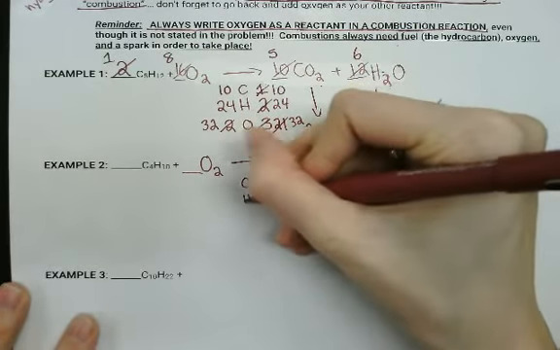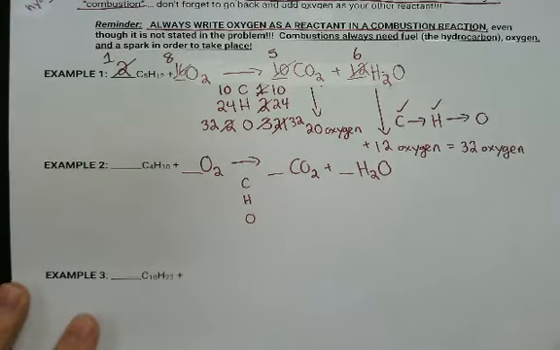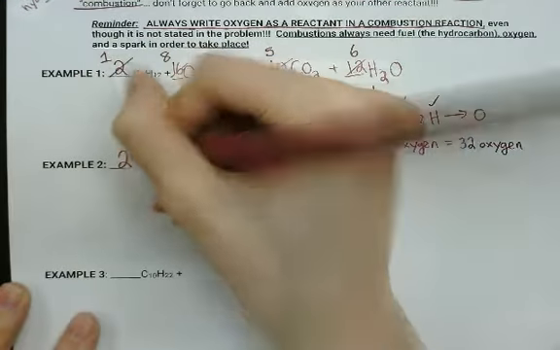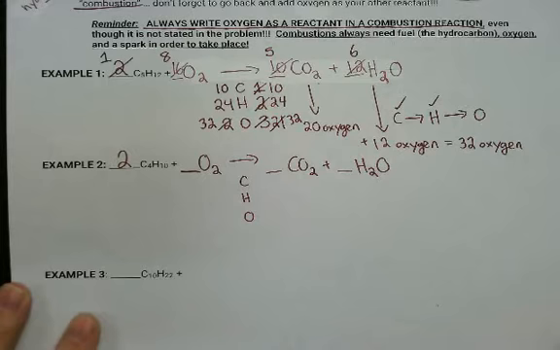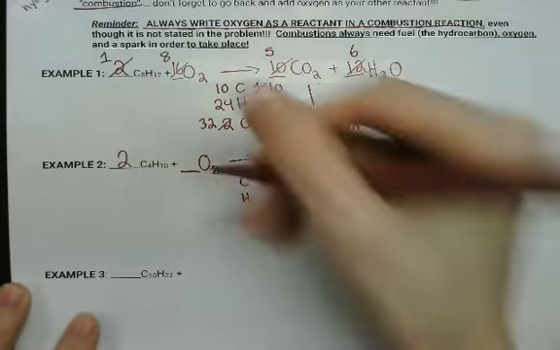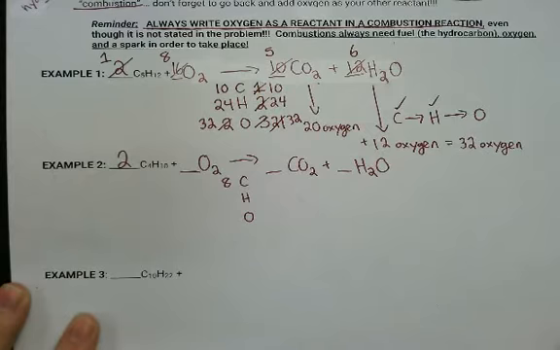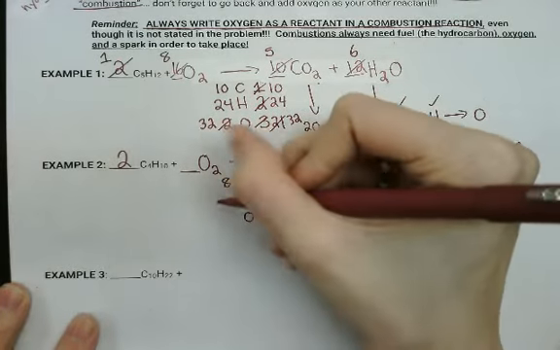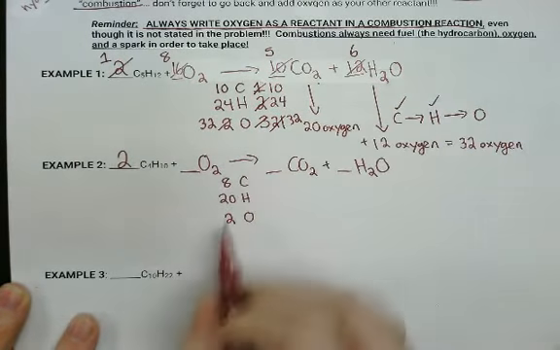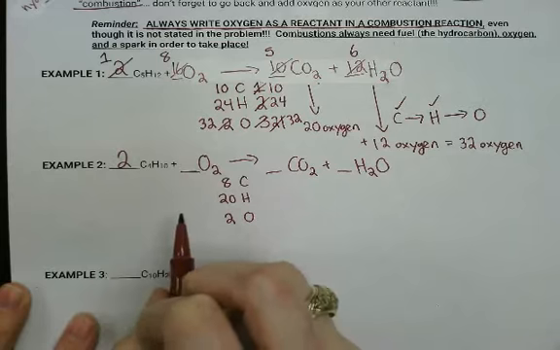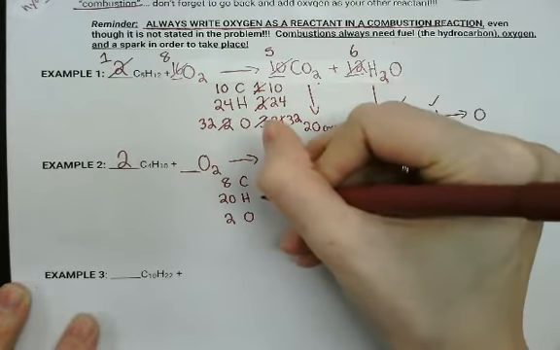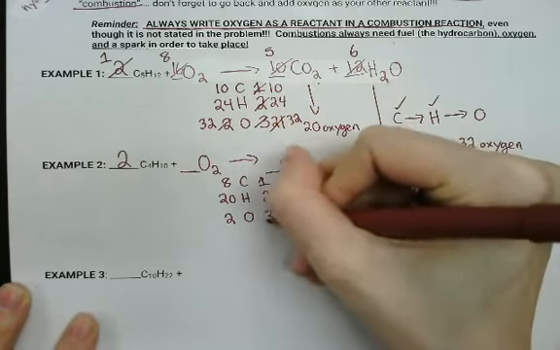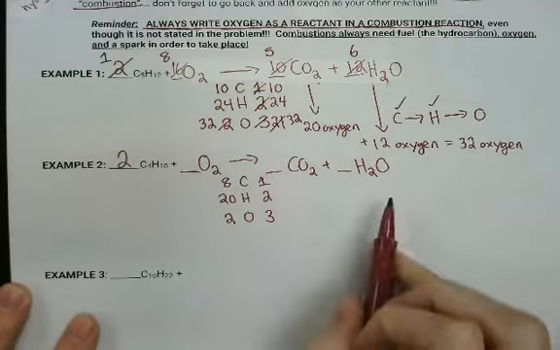I'm going to list my elements. And I'm going to place a 2 in front of my hydrocarbons. So again, we're going to find out that we have 8 carbon, 20 hydrogen, and 2 oxygen on the reactant side. And we have 1 carbon, 2 hydrogen, and 3 oxygen on our product side.